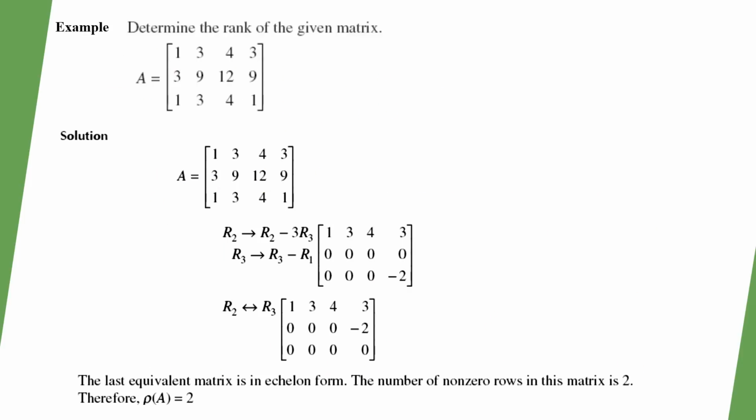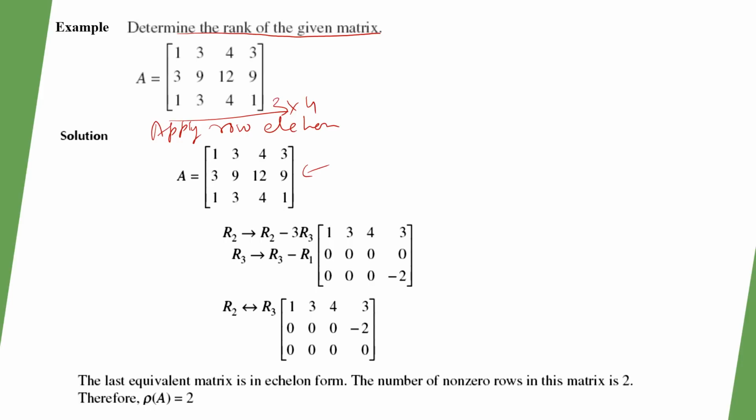Take another example. Determine the rank of a given matrix. We have a matrix of order 3 cross 4, with 3 rows and 4 columns. So we apply the row Echelon form method. First we convert that matrix into the row Echelon form. This is the given matrix.